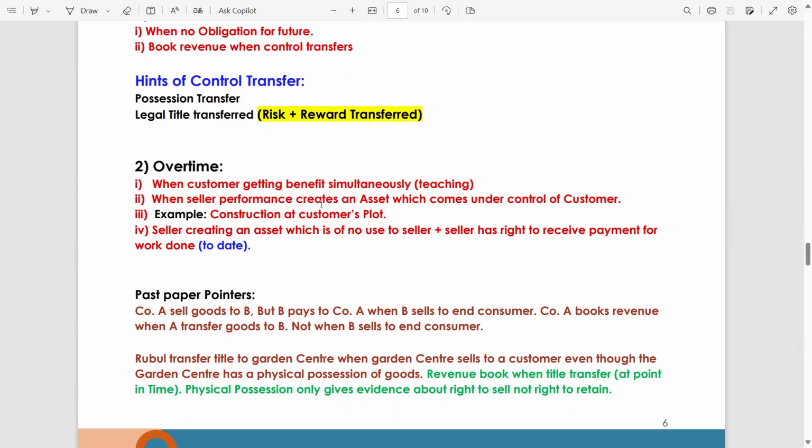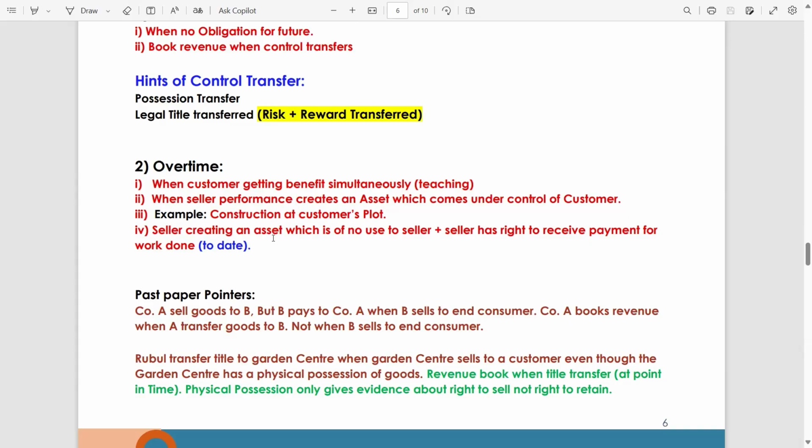When seller performance creates an asset which comes under the control of the customer. Example, construction on a customer's plot: when the customer gets the benefit through construction, then we record the revenue over time.